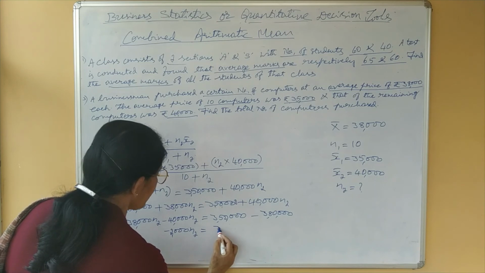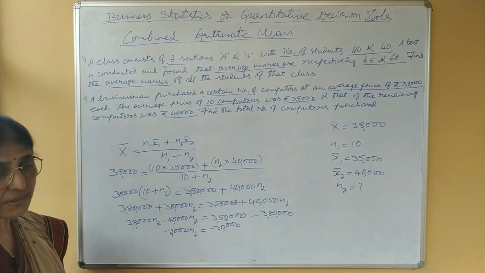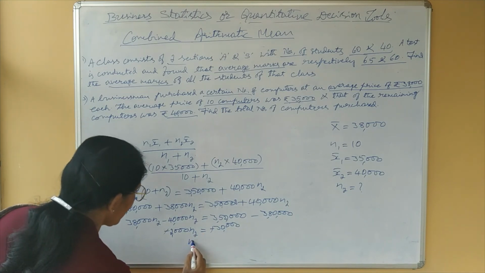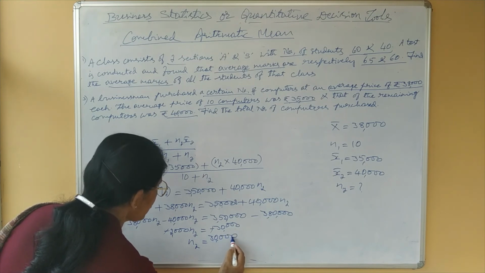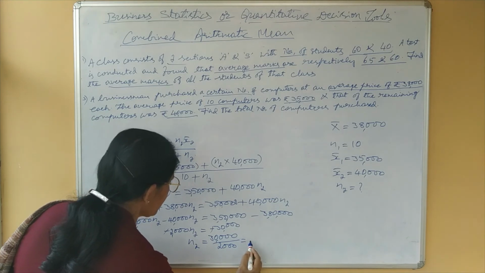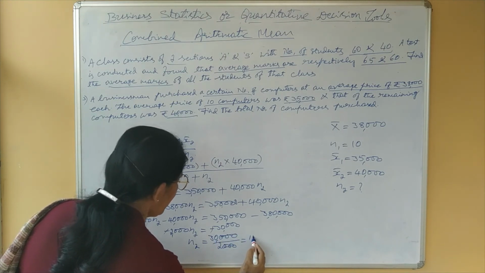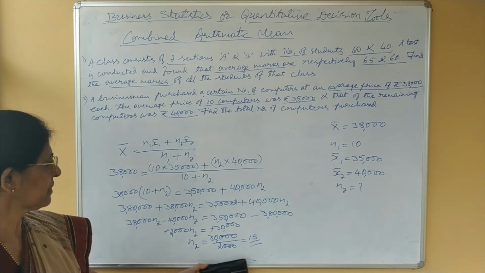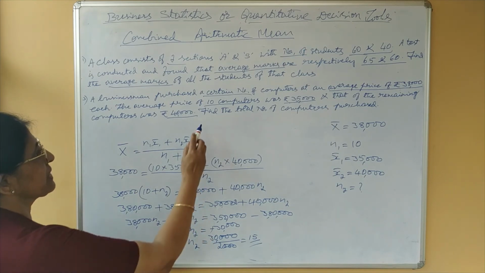3,80,000, difference is 30,000, highest value sign minus. Now minus and minus will cancel. Now n2 equals 30,000 divided by 2,000. Cancel common zeros. 30 divided by 2 is 15. Now here n2 is 15. Now what is the question?